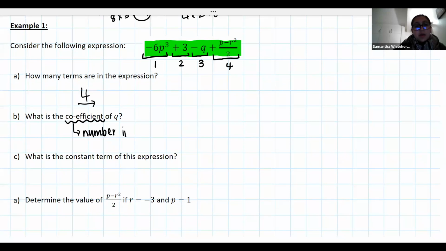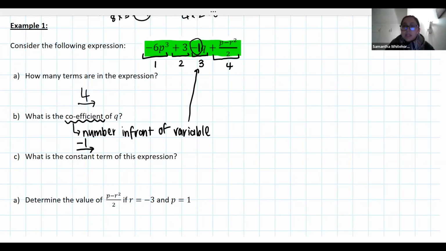It's the number that we are multiplying the variable by. So if we go up to our expression and we look at the number in front of q, we see that we have got a negative 1 in front of q. And so our coefficient is negative 1.